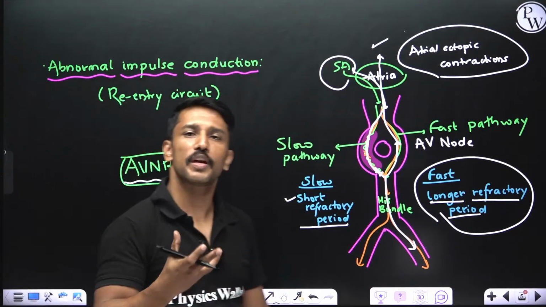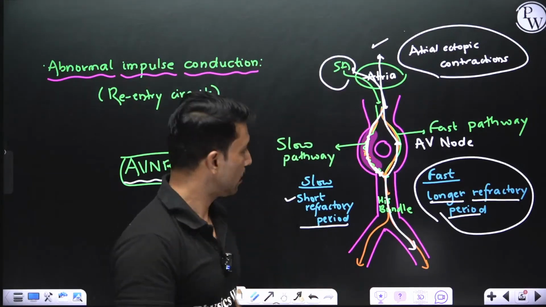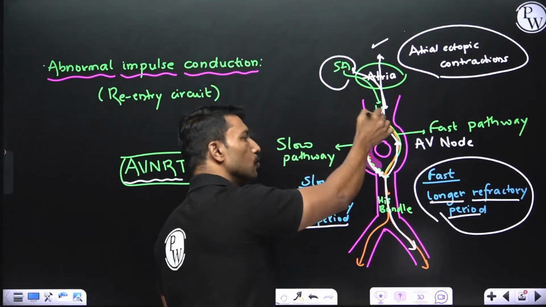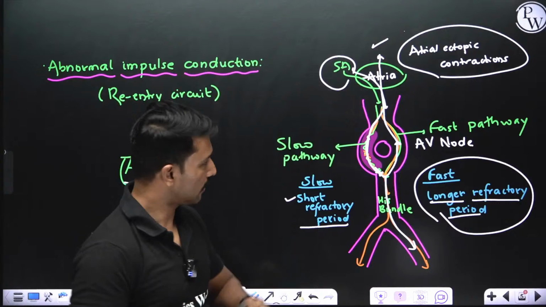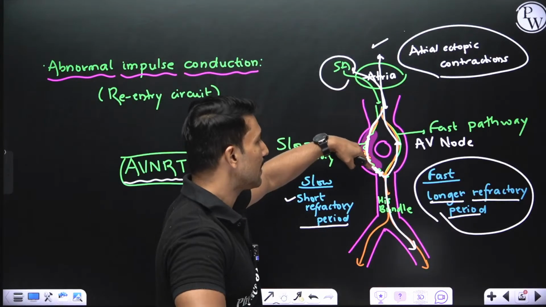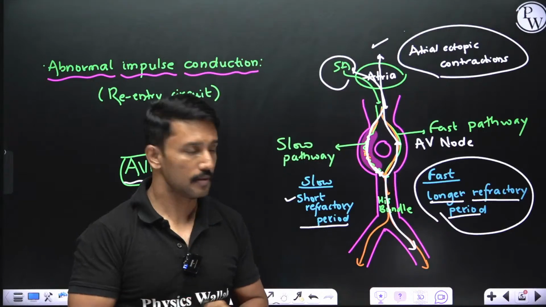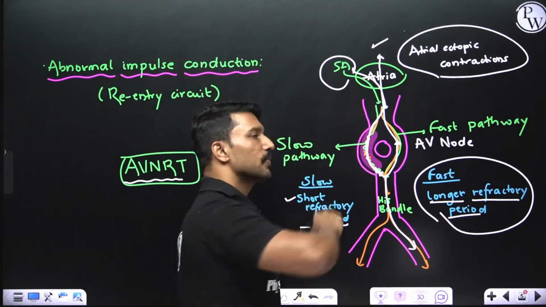There are two types of AV nodal re-entrant tachycardia: slow-fast and fast-slow, depending on whether it travels from the slow to fast or from the fast to slow. Most commonly it is slow-fast AVNRT, means the impulse travels through the slow and then re-enters through the fast pathway. 95% of AVNRT are slow-fast. 5% can be fast-slow.